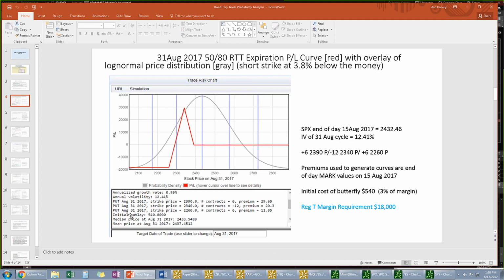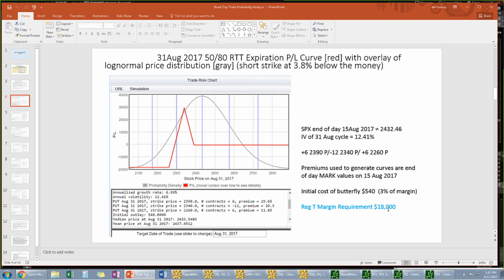And this is what it will cost, $540. This red line is going to be $540 below the zero line, of course, just like a regular road trip trade. For the examples that I'm going to show, I tried to get them all at a Reg T margin requirement of 18,000.